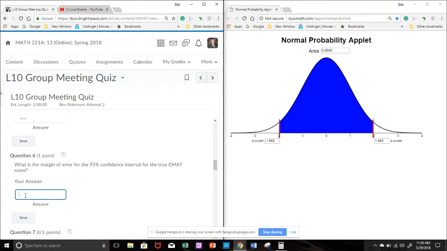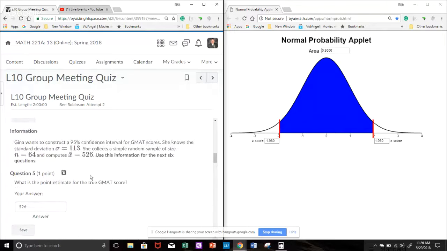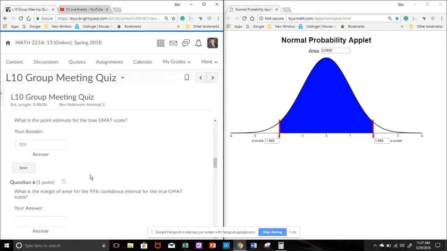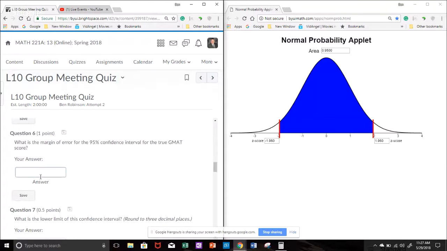So we have to follow the following formula: Z times standard deviation divided by the square root of n. So I got 27.69. Do you agree, Gabriela?